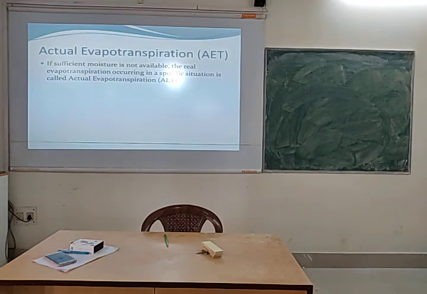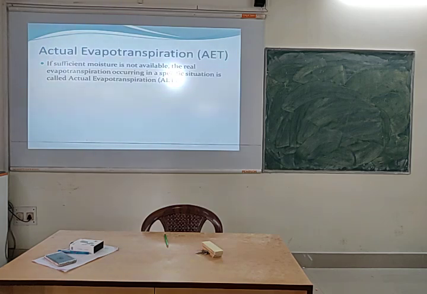Now, what is actual evapotranspiration? The definition goes like this: if sufficient moisture is not available, the real evapotranspiration occurring in the specified field is the actual evapotranspiration. Already I have told you, if no water is present, obviously no evapotranspiration will be there. If you gradually increase the water, the rate of evapotranspiration will be higher. Eventually, after a certain time, the rate will be fixed.